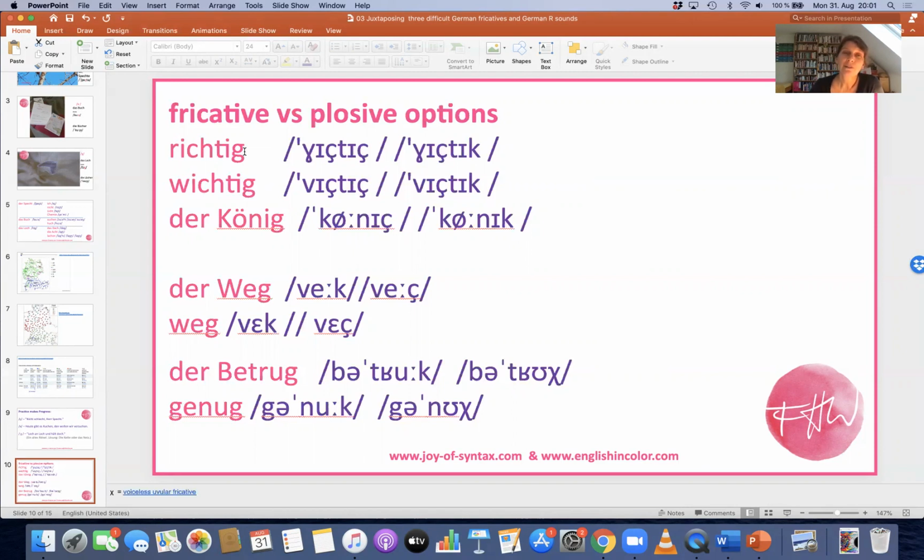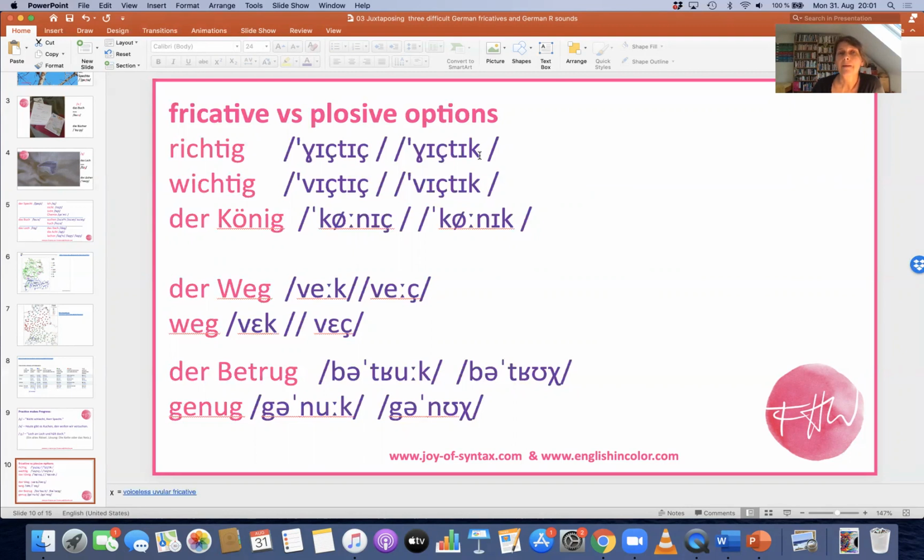However, in these three words in standard German, the IG represents an ich sound: richtig, wichtig, König. However, some people use plosives instead, and because those are in final position, we have final obstruent devoicing, and so it's richtig, wichtig, König.